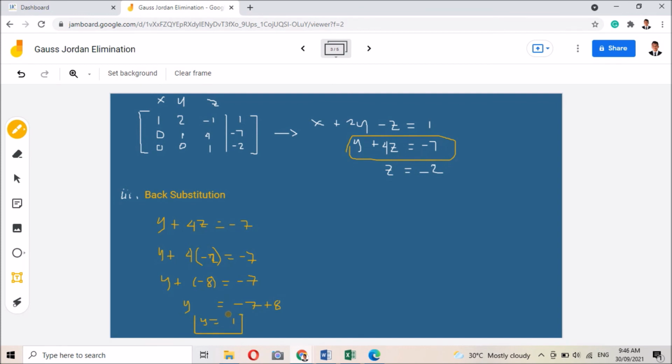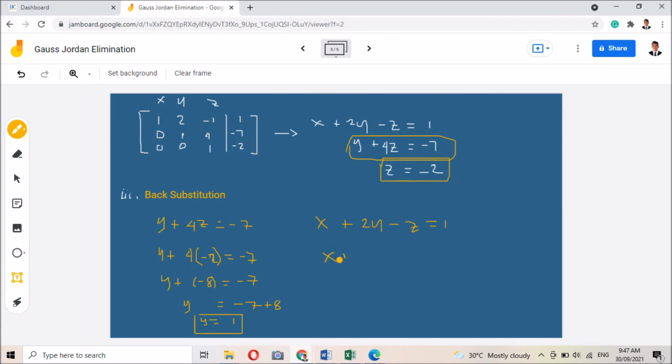So this will be the value of our y, this will be the value of our z, and we'll now solve for variable x. We'll use equation 1 here, x plus 2y minus z equals 1. We'll just copy x plus 2y minus z equals 1, and then substitute the values of y and z.